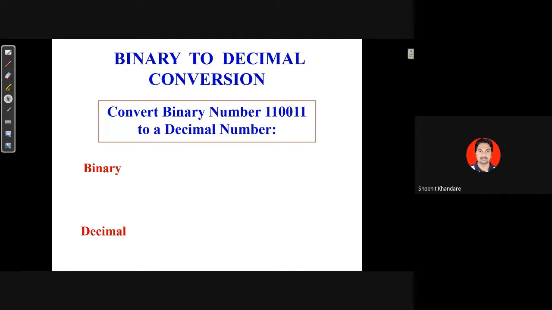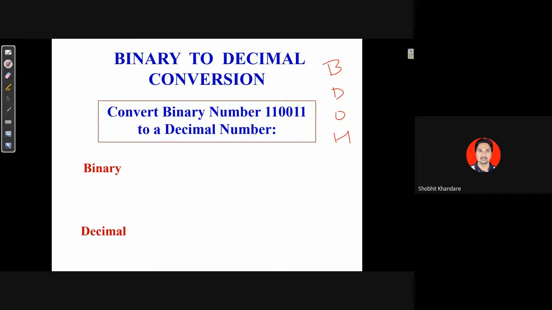So in number system conversion, the first thing you have written is binary to decimal conversion. So let me tell you, we have the binary number, then the decimal number, then the octal number, then the hexadecimal. So binary, decimal, octal, and hexa.